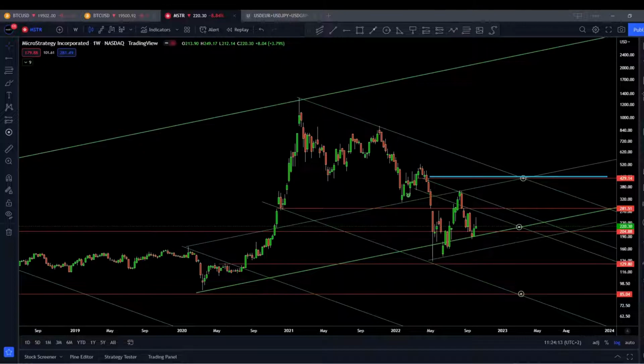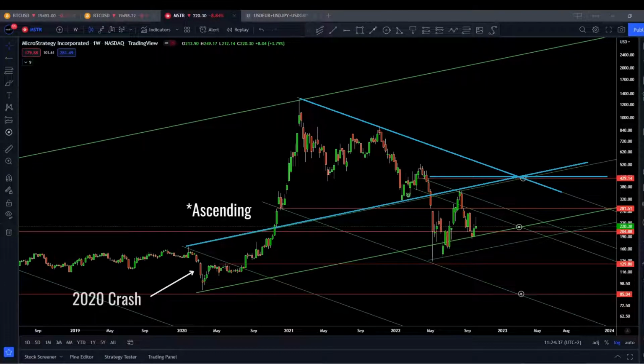A critical turning point is emerging in April 2023 with three resistance lines intersecting on the chart: the horizontal $430 resistance, a level lost in April 22, the descending resistance from the February 2021 peak, and the descending resistance from the January 2020 highs just before the global lockdown-induced crash.